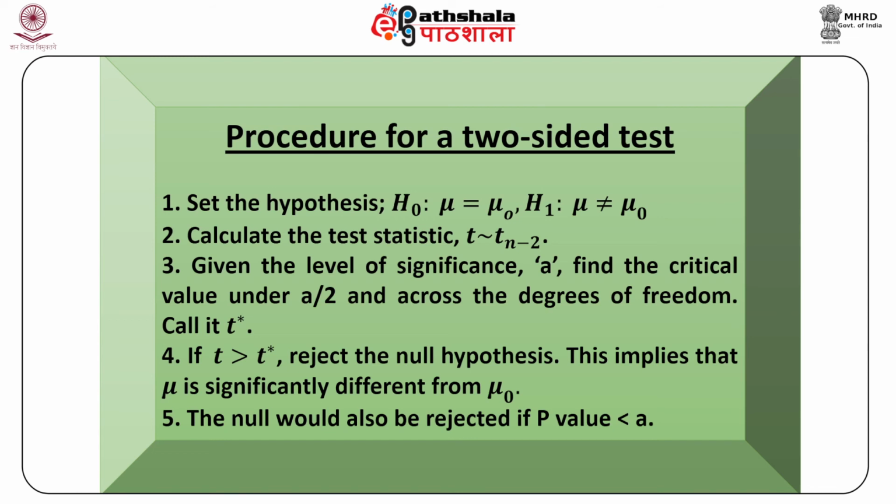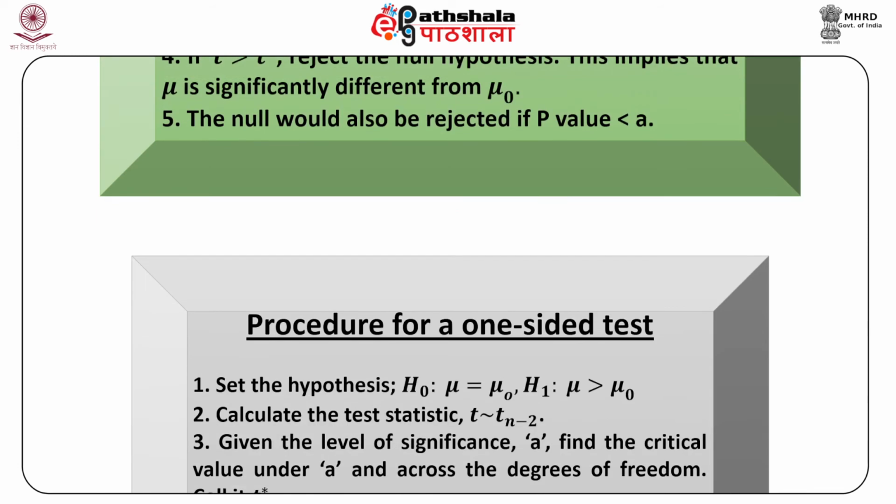Call it T star. The fourth step is that if the calculated T is greater than T star, reject the null hypothesis. This implies that mu is significantly different from mu 0. And the last step is that the null would also be rejected if the p value is less than alpha, the level of significance.